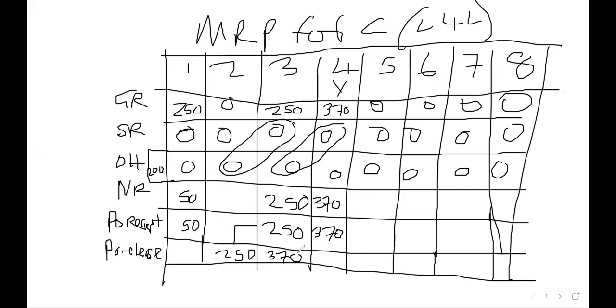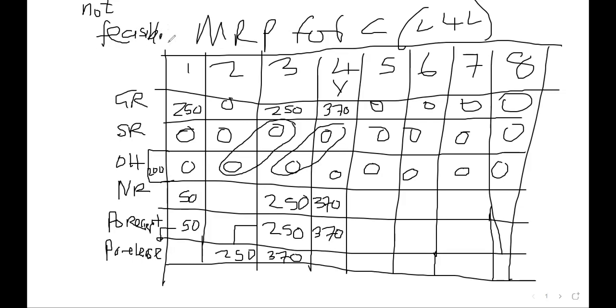So this is the MRP for product C. This one is supposed to be ordered a week before our starting period. So this one is actually not feasible.